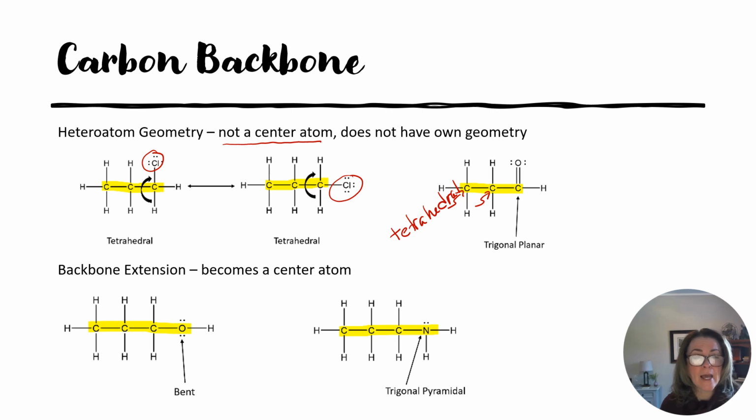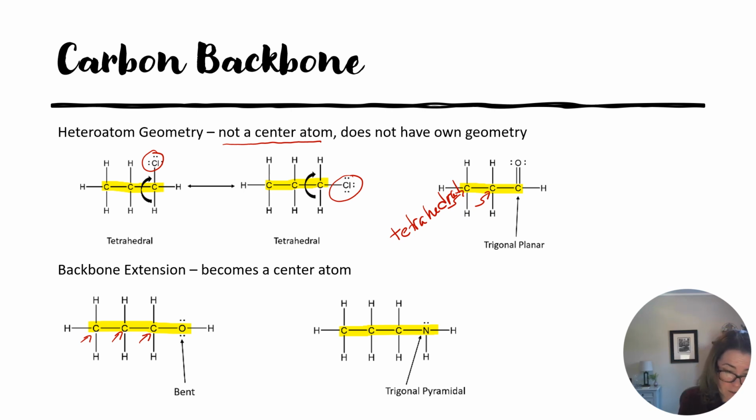Now, if that heteroatom becomes part of our backbone extension and it becomes a center atom, then it does have its own geometry. So in this molecule, each of these carbon atoms, just like the ones above, these each have 4 unique bonding sites. They are going to be tetrahedral.